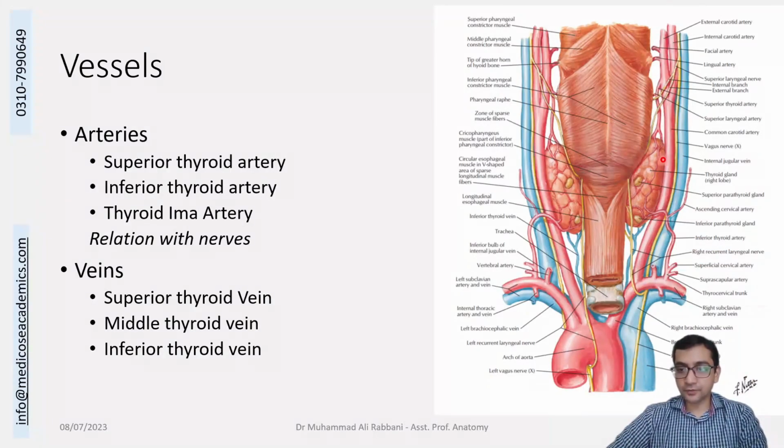And then there is the inferior thyroid artery. It is a branch of the thyrocervical trunk we discussed in detail. It is the upper branch, and it moves medially in an arc behind the carotid sheath, and goes to the inferior pole of the thyroid gland. And then we are left with the thyroid ima artery.